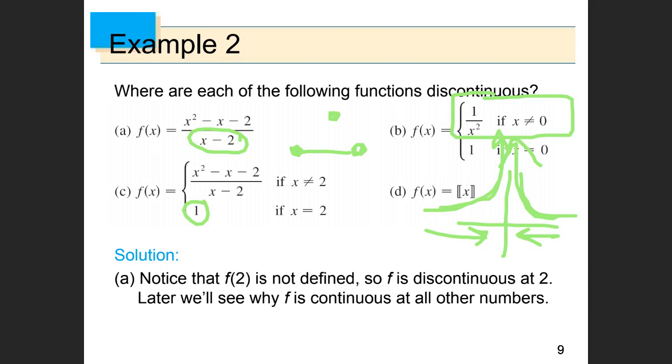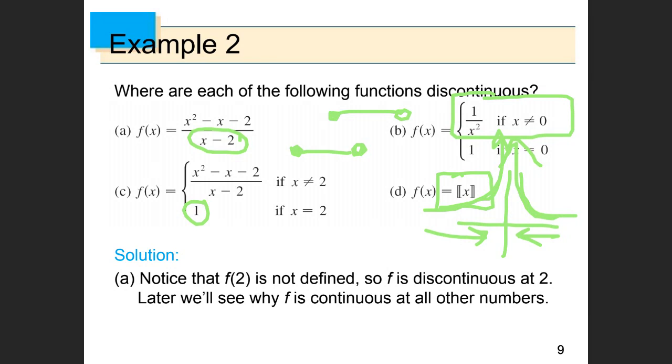If you try to sketch it, it's going to look like that. And generally this is a problem because if you check the limits at any number from the left and the right, they actually differ. So in that case, the greatest integer less than or equal to x is actually a discontinuous function.